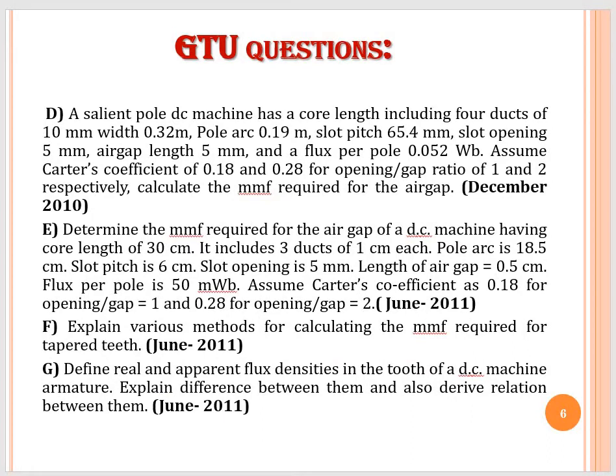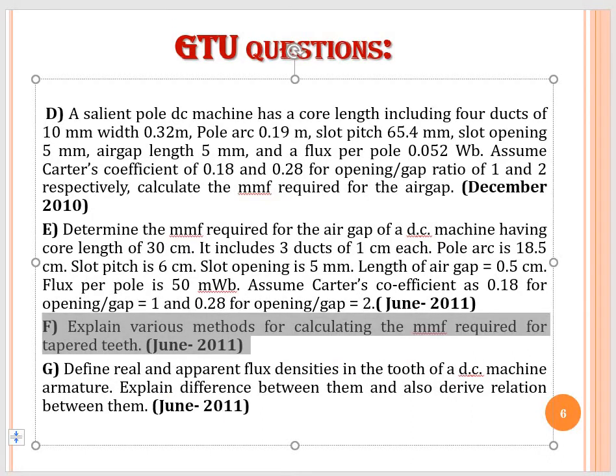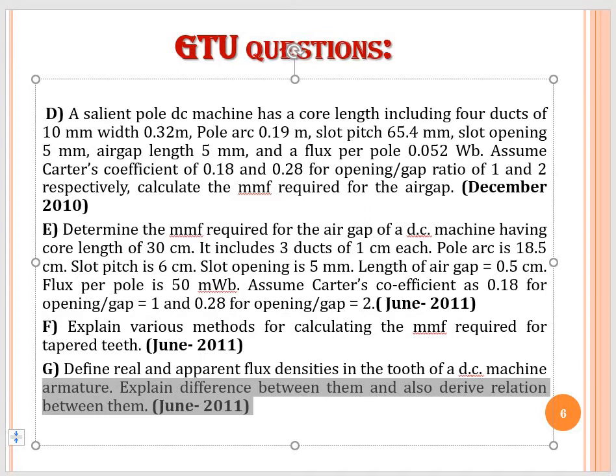First, explain various methods for calculating the MMF required for the tapered teeth, which was asked in June 2011 for 7 marks. The next question is: define real and apparent flux densities in the tooth of the DC machine armature. Explain the difference between them and also derive the relation between them.